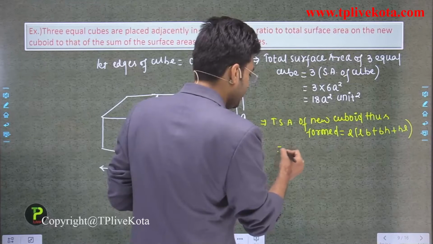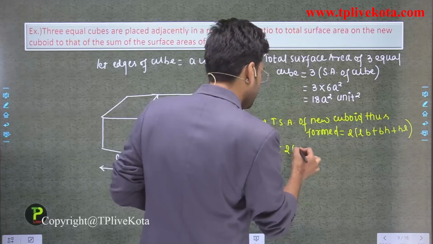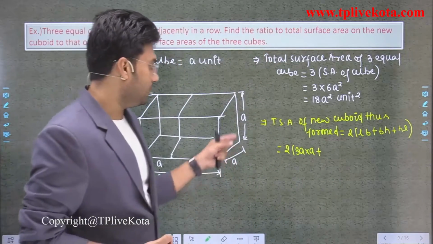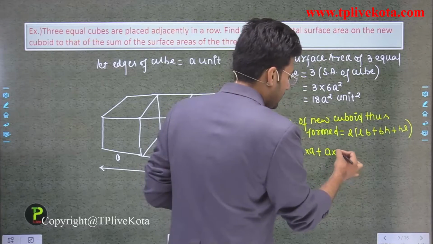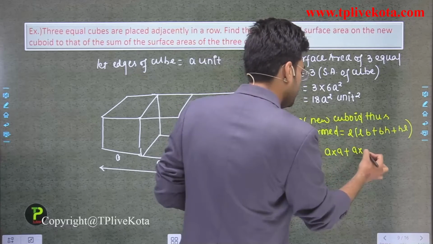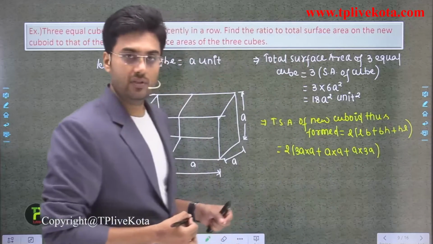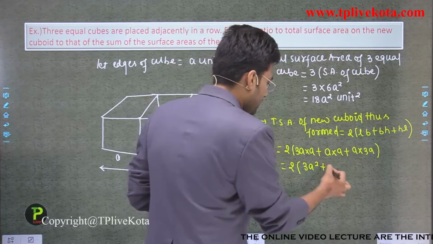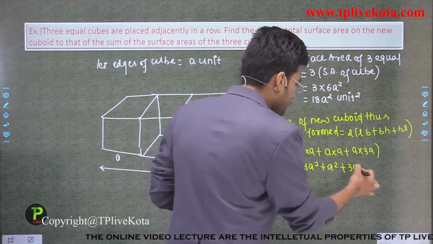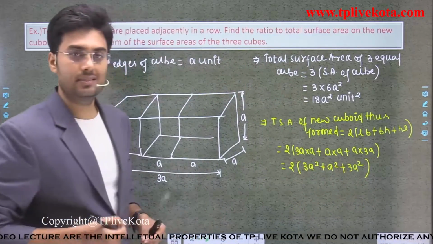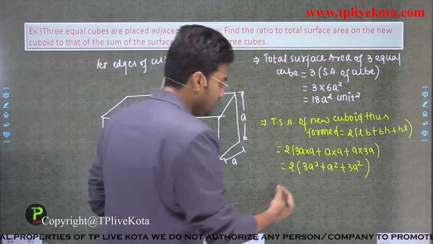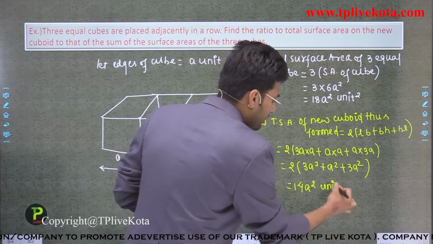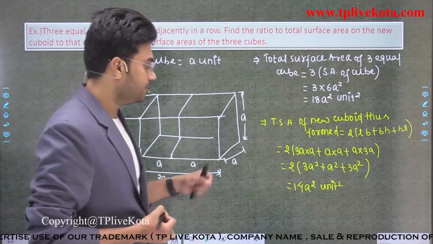So when we solve this, it is 2 multiplied by 3a times a plus a times a plus a times 3a. It is equal to 2 multiplied by 3a square plus a square plus 3a square. So 3 plus 3 is 6, 6 plus 1 is 7. So we get 14a square unit square.